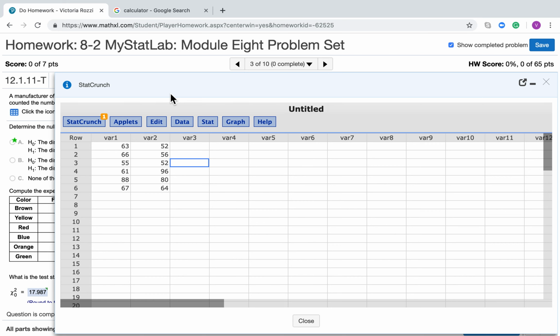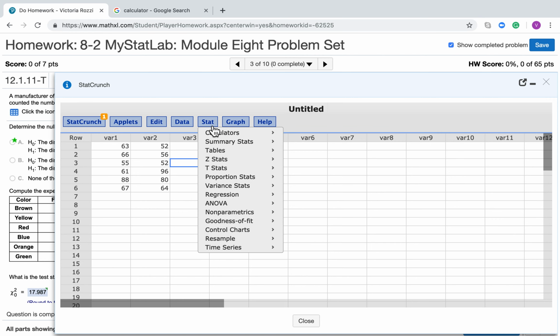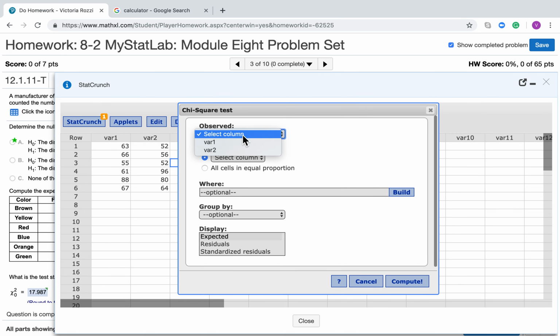Now we have to run what's called the chi-square test. Okay, so this is our goodness of fit test. This is what chi-square is. So we're going to go to stat, goodness of fit, and we're going to do our chi-square. And we're going to do our observed column, which is the first column I entered, and then the expected column, which is the second column I entered. And click compute.